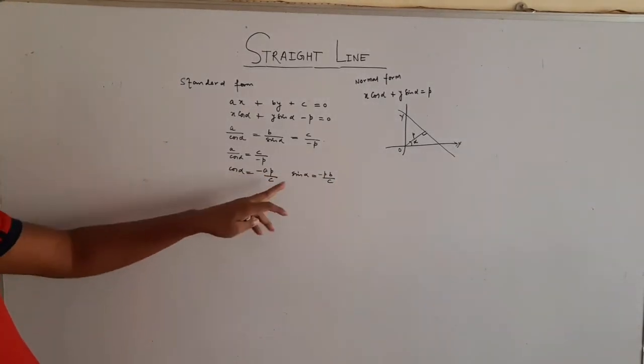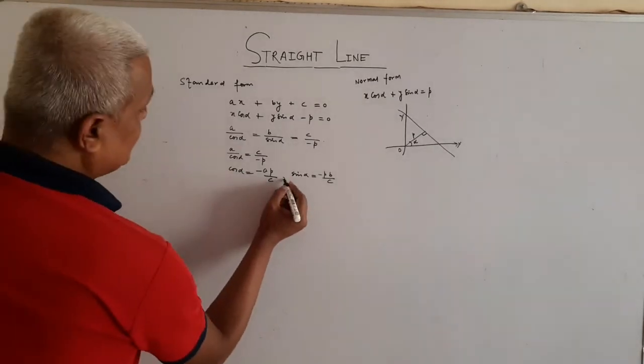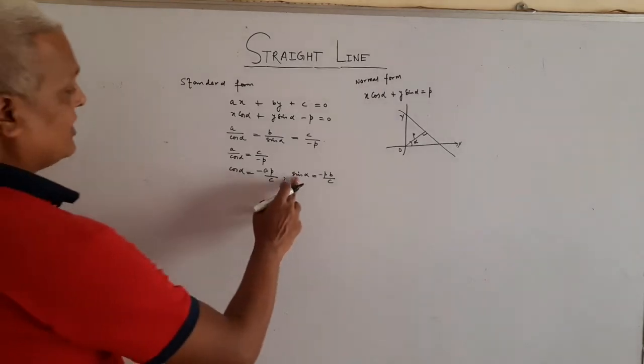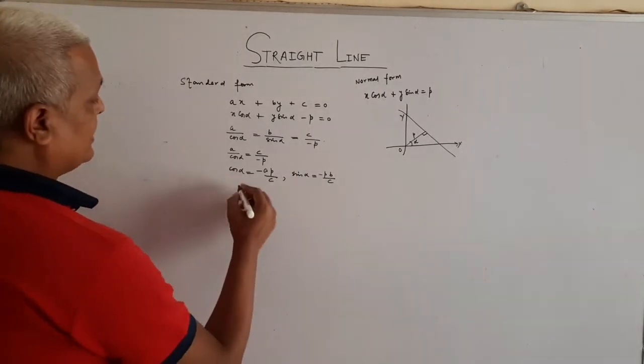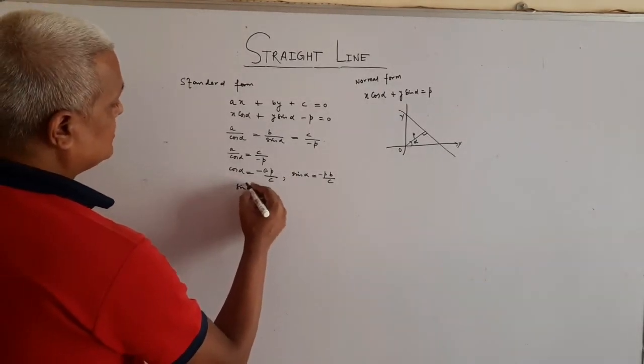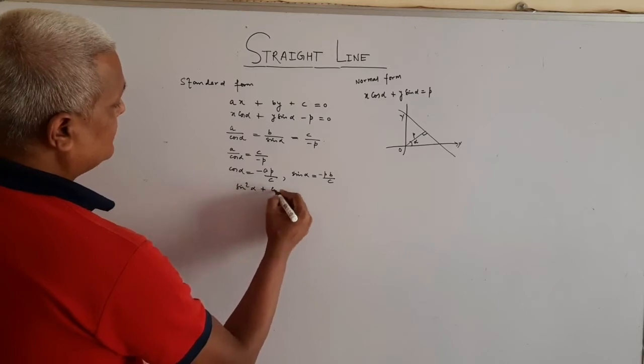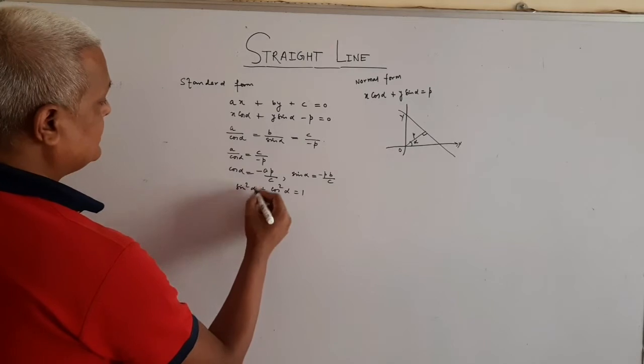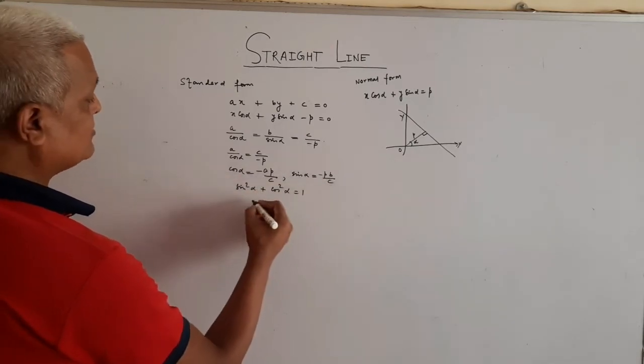So how can we get rid of this angle? We know that the trigonometrical identity suggests that sin square alpha plus cos square alpha is 1. Means this square plus this square is 1.